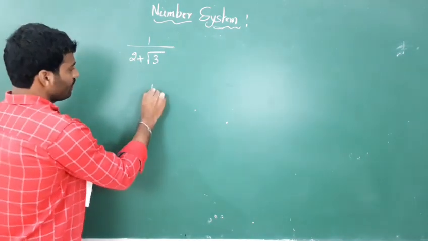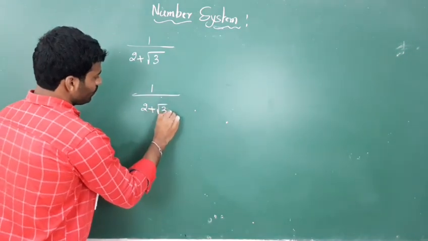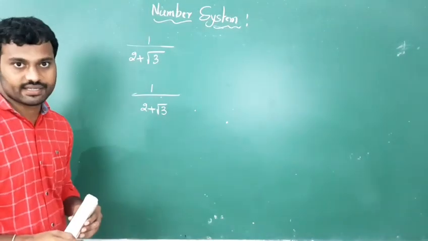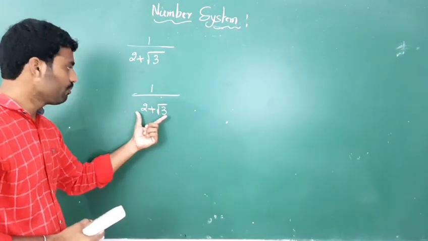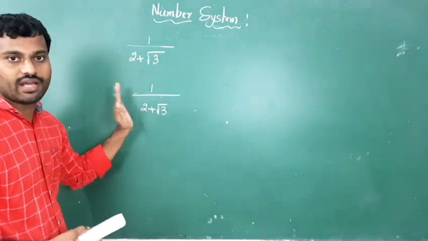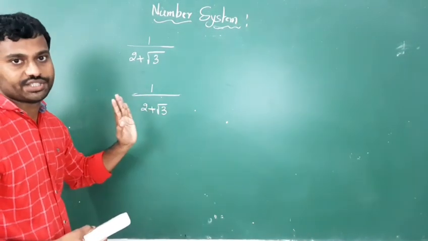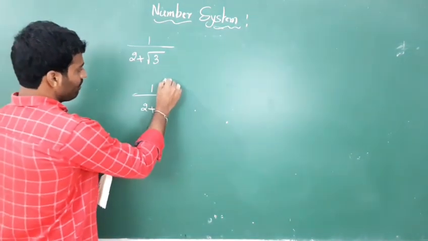Suppose 1 by 2 plus root 3, numerator and denominator. Whatever the denominator is, take the same denominator and multiply to both numerator and denominator. The value will not change. Why? Because we are doing the same change in both numerator and denominator.